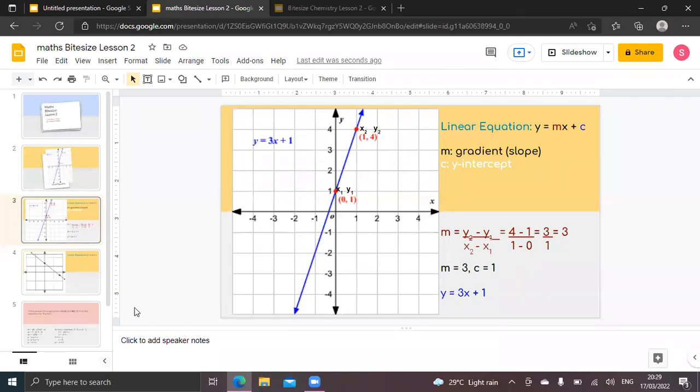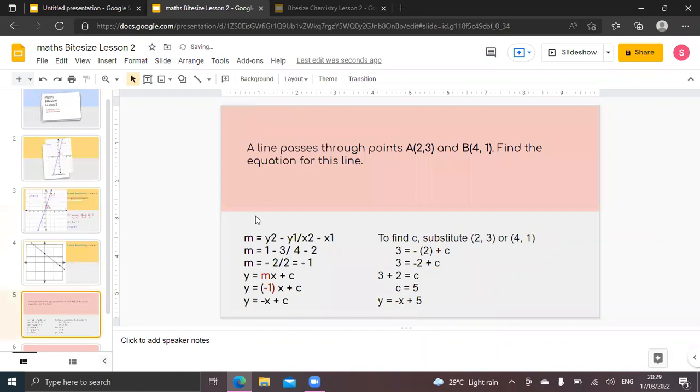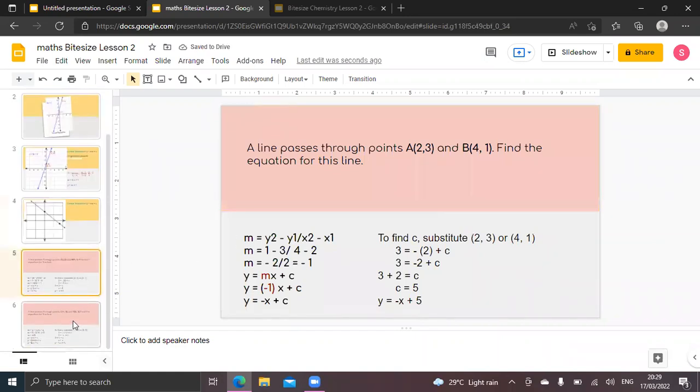Now what happens if you are not given any graph? For example, I have another question here. Let's try this question. I don't have a clue what the graph looks like. But what does this question say? A line passes through points A(2, 3) and B(4, 1).